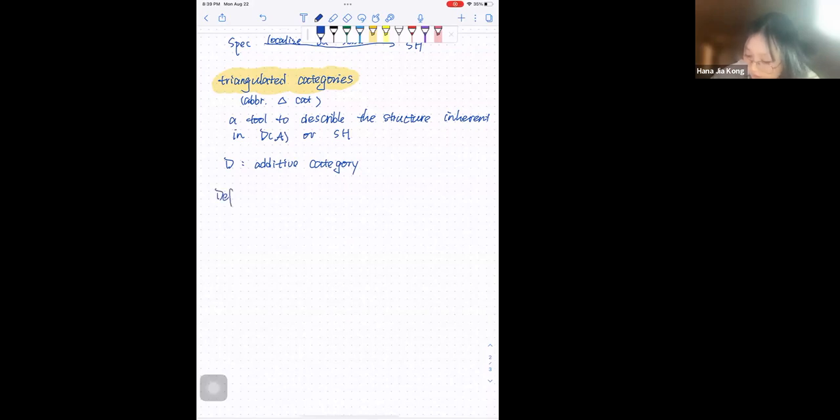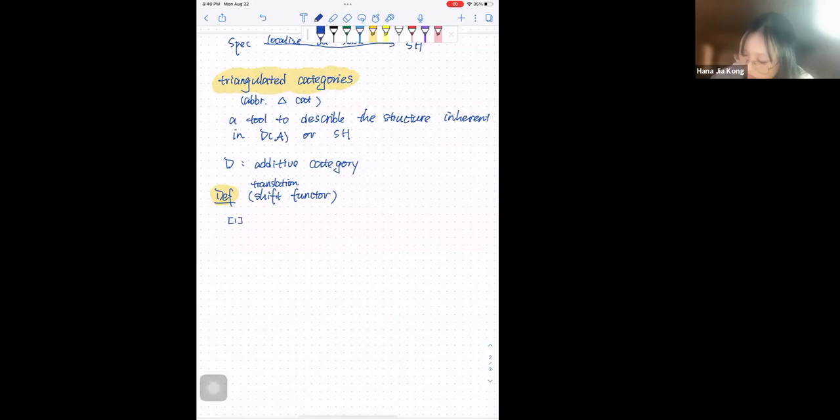If we have an additive category, then we can talk about the shift functor, sometimes also called the translation functor. A translation or shift functor is a functor from D to itself.